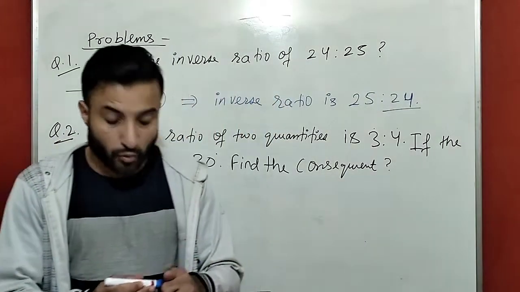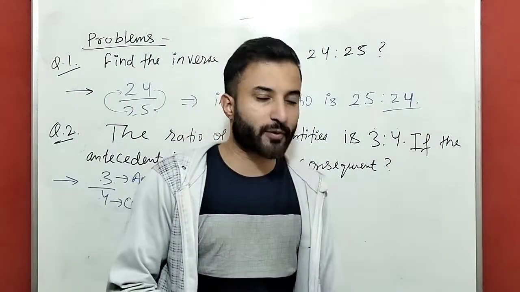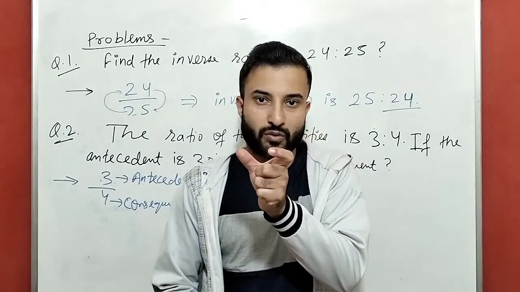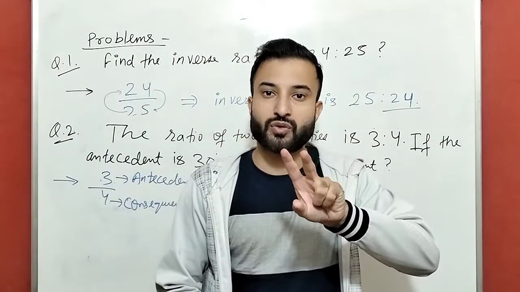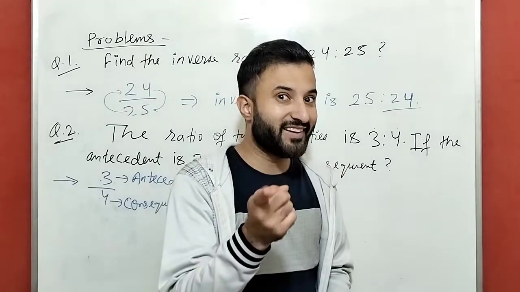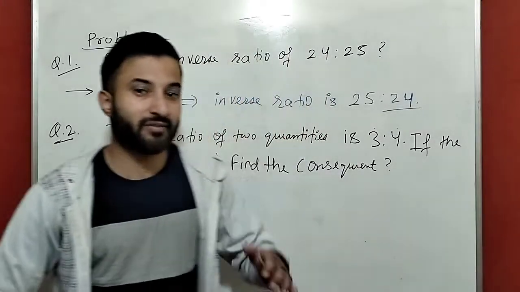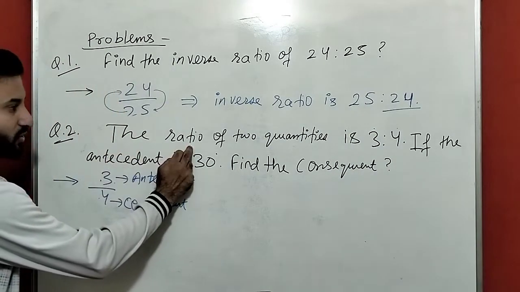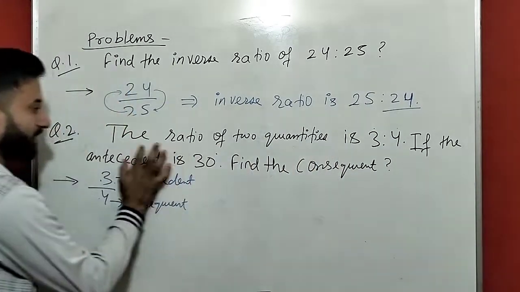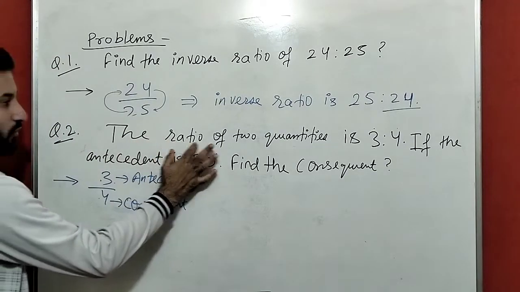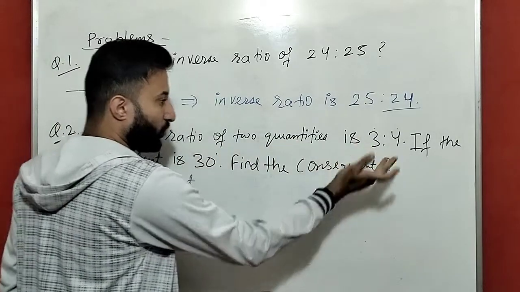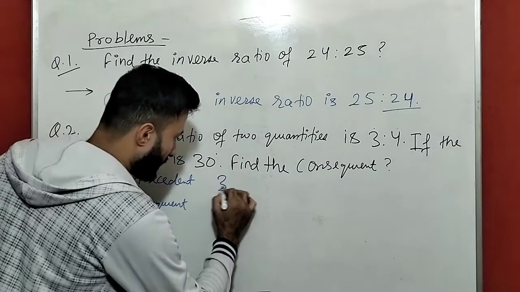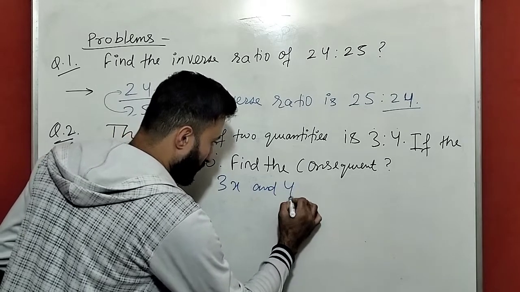So guys, as I have told you in the ratio chapter during the explanation, when two quantities are given in a ratio, we will take them as 3x and 4x, meaning we will take it as x. Here it is the same: the ratio of two quantities is given, that is 3:4. So we will take the quantities as 3x and 4x.